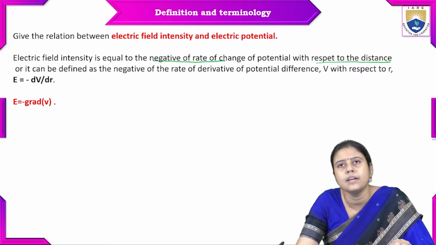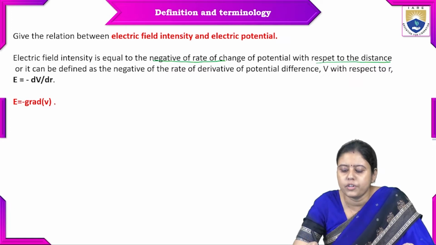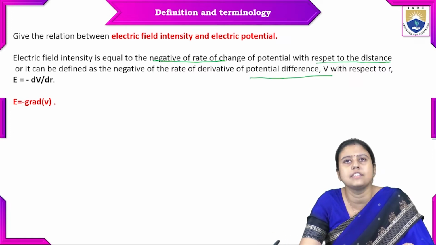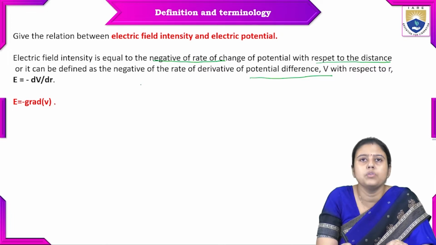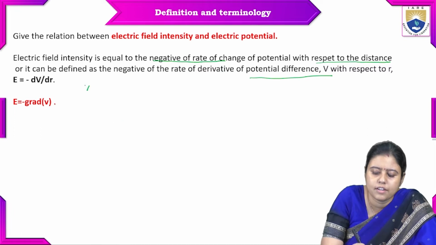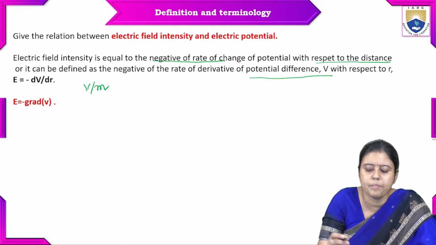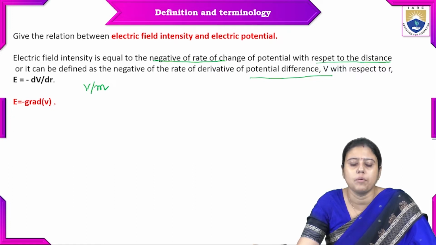So we can write E is equal to minus dV by dr, where V is the potential difference, E is the field intensity, and r is the distance. That is why the unit of field intensity is volt per meter, meaning voltage per unit length.